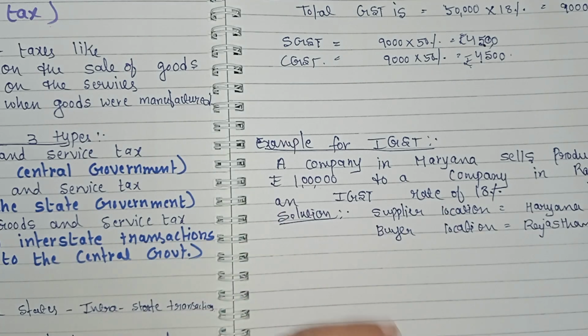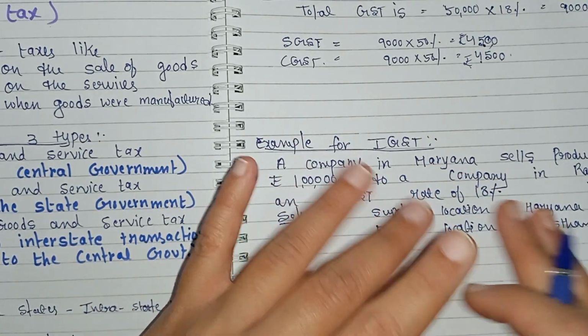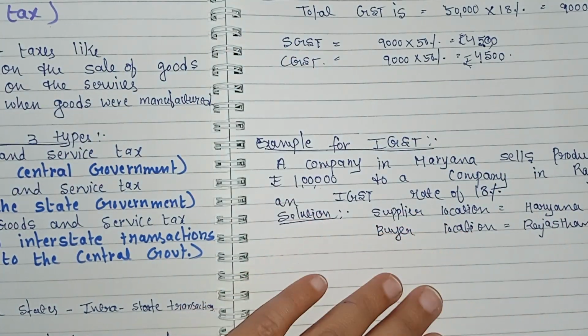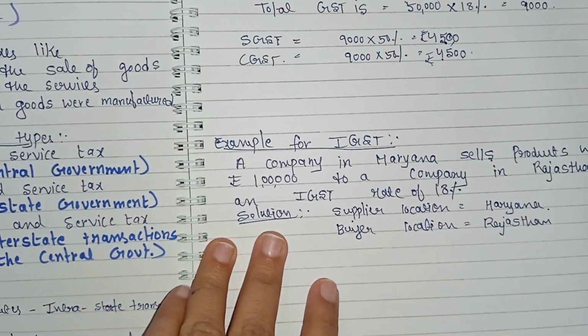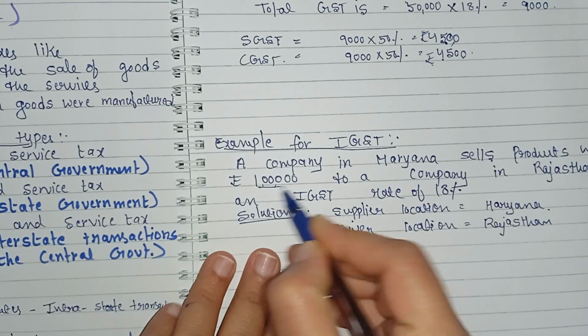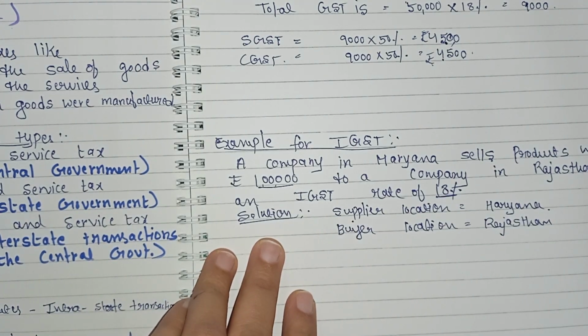Means what? The supplier and the recipient of goods and services are located in different states. See, Haryana and Rajasthan. Okay, so supplier location is Haryana and buyer location is Rajasthan. And goods value, that is rupees 1 lakh, and IGST rate is 18%.